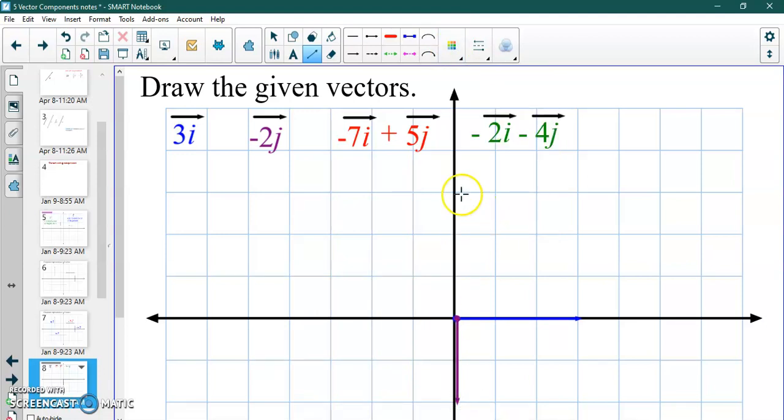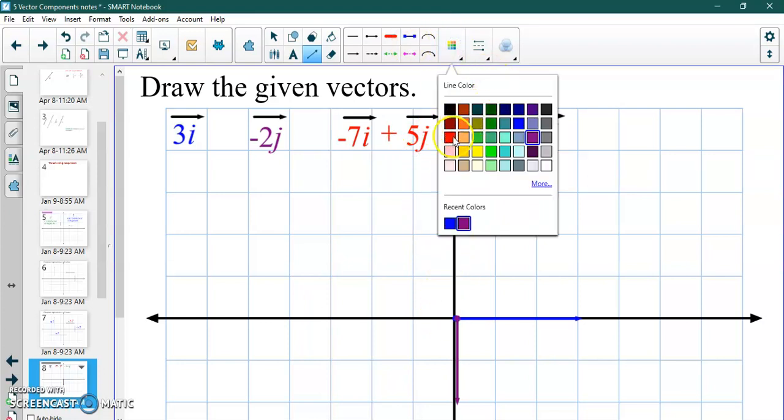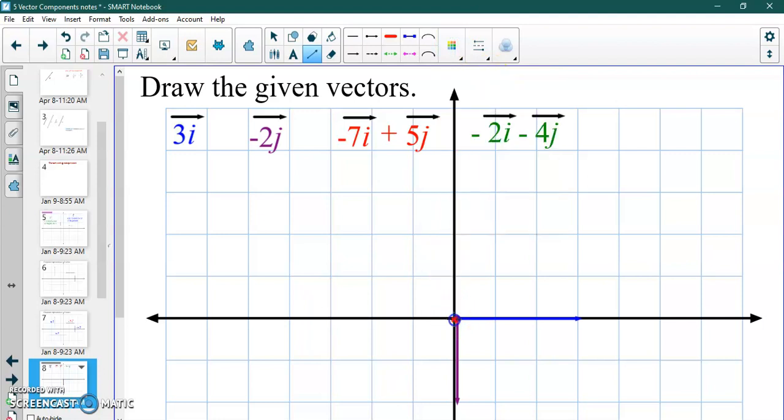This one has both components now, so think of it just like an ordered pair. We know that i is the horizontal direction, so we're going to go negative 7 to the left, and plus 5j, well, this is like the y term, so we're going to go up 5. This one in red, we're going 1, 2, 3, 4, 5, 6, 7, and we're going up 1, 2, 3, 4, 5.